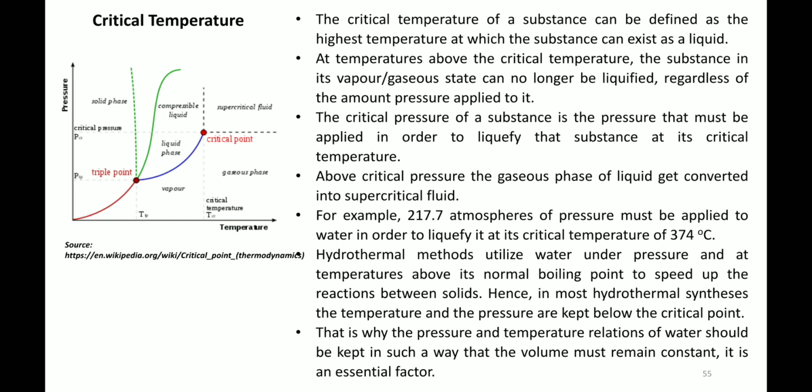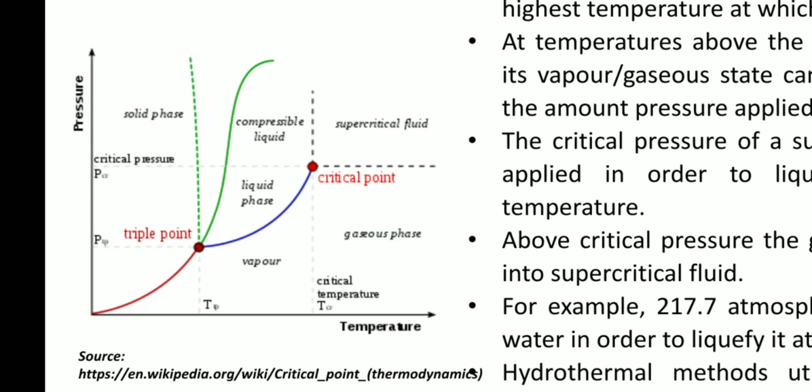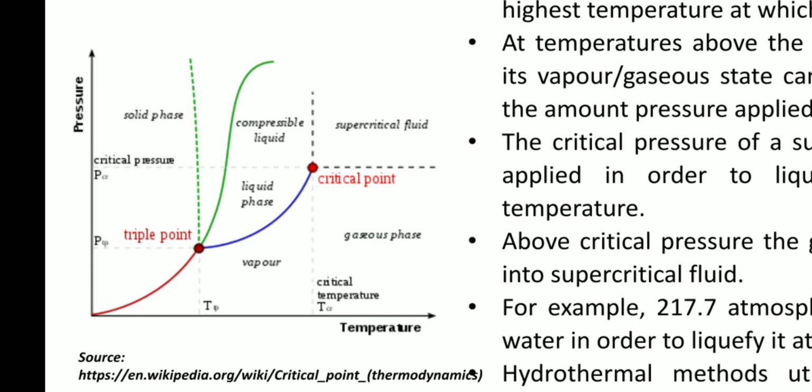Before going directly to the critical point, let us see what this diagram is. The x-axis of the diagram represents the temperature. As you move away from the origin, the temperature of the system is going to increase.